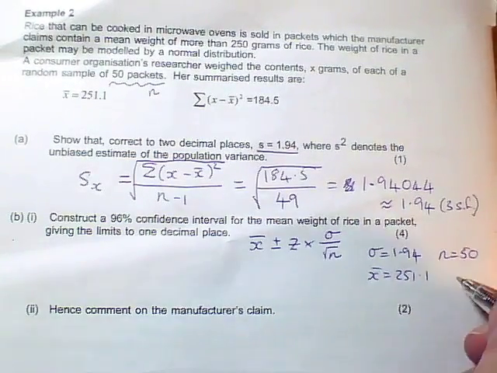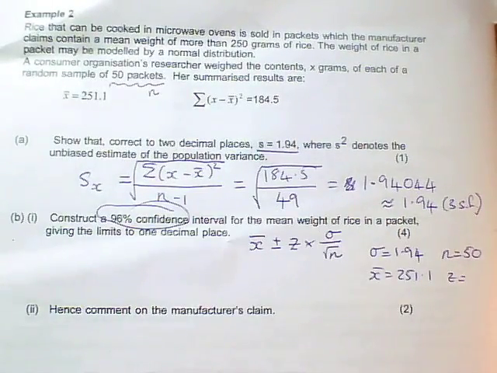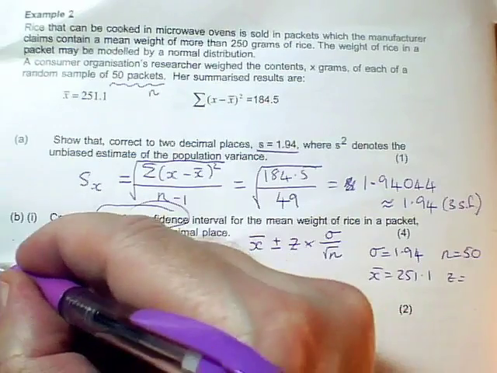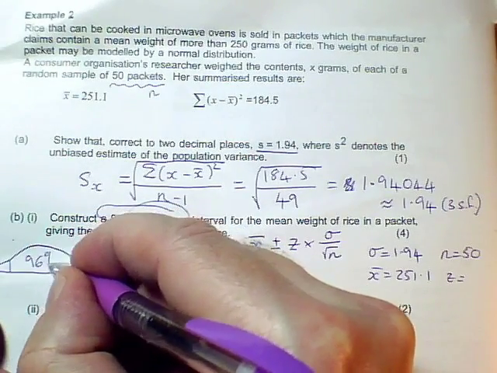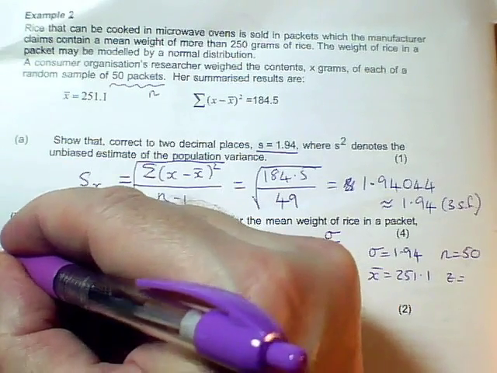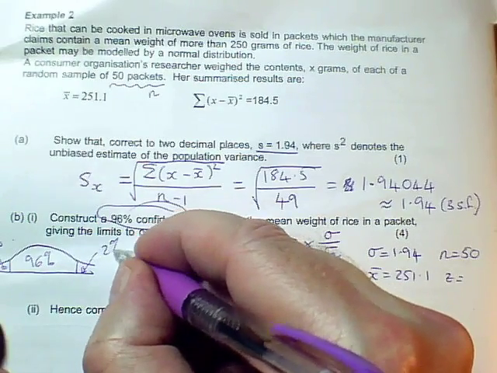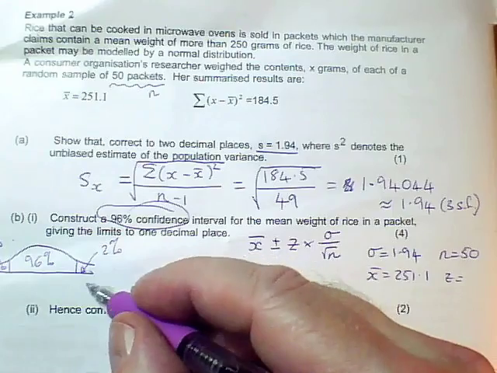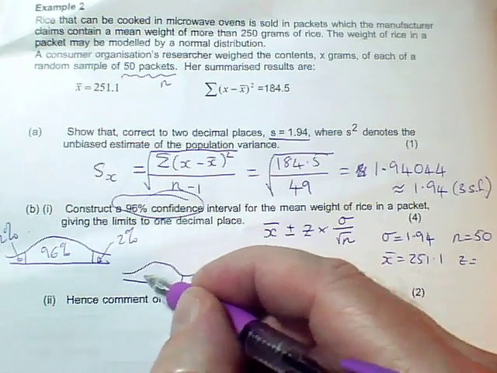So all that's left is my z value. Now z value comes from the percentage of confidence, so I need to draw the symmetrical picture. I want a central 96% for my confidence interval. So if that's 96%, I've got 2% hanging off each end. So what value should I look up on inverse normal? Well, the picture is always a value with the probability to the left of it.